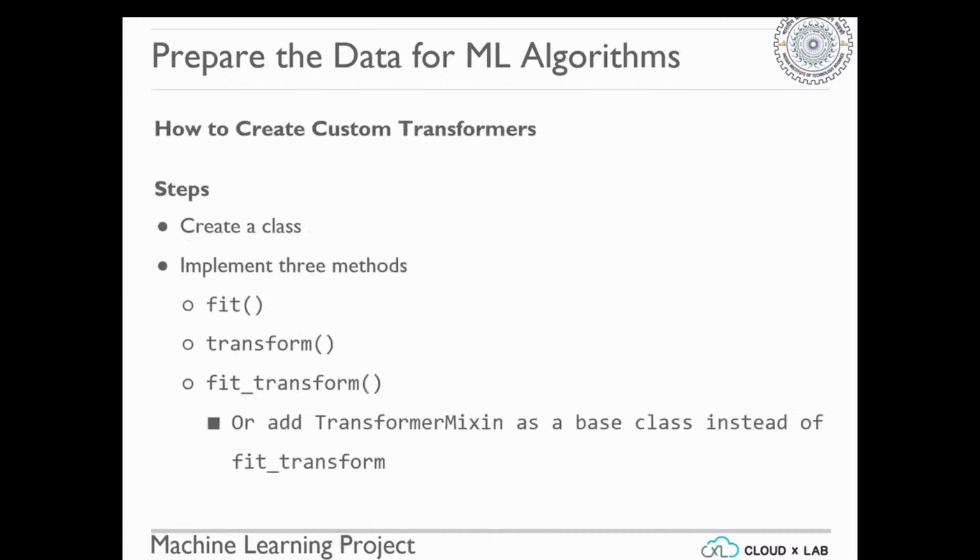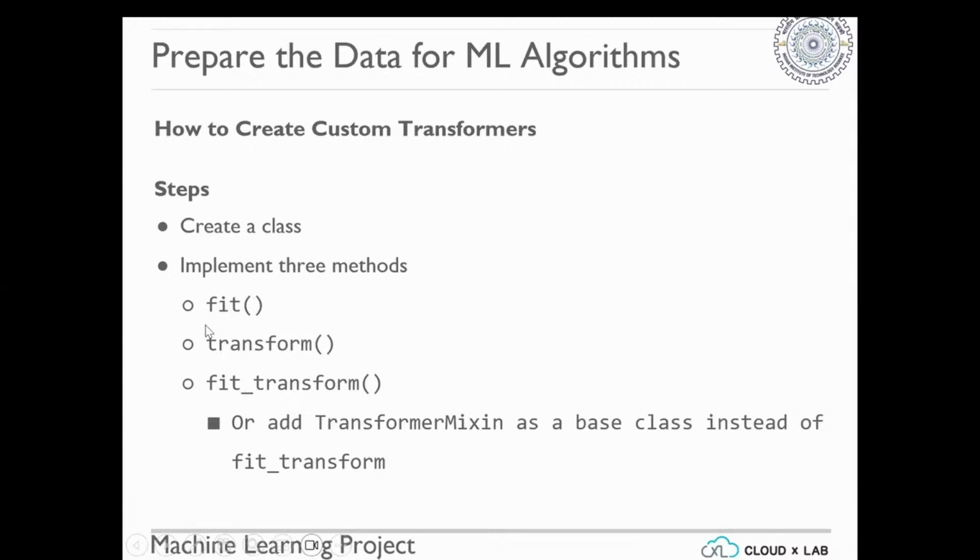Okay. So here we will create one custom transformer, and we will follow these steps. First, we will implement the fit method. Then we will implement the transform method. You can also use the fit underscore transform function so that you can do these two steps in one method.